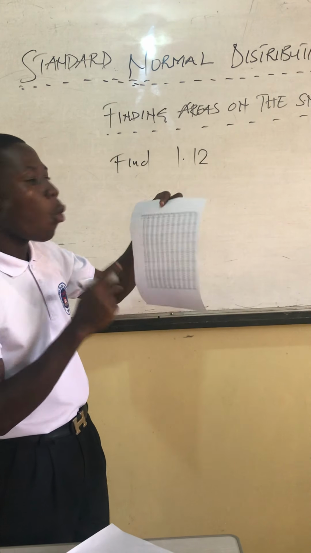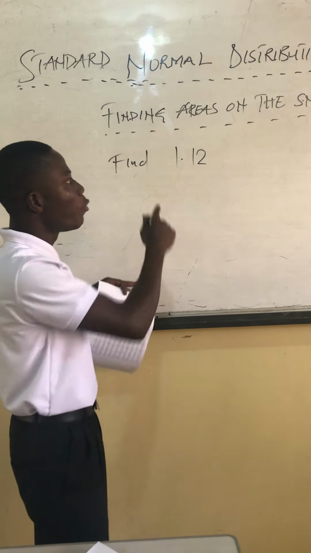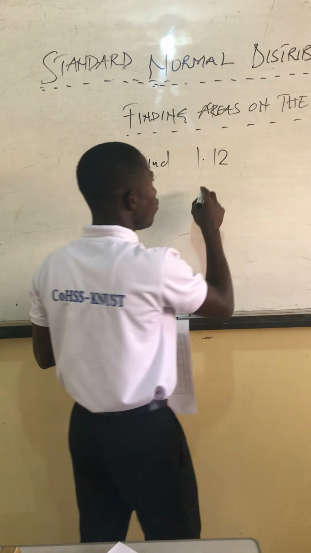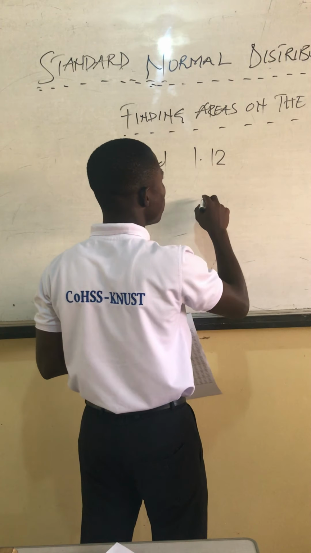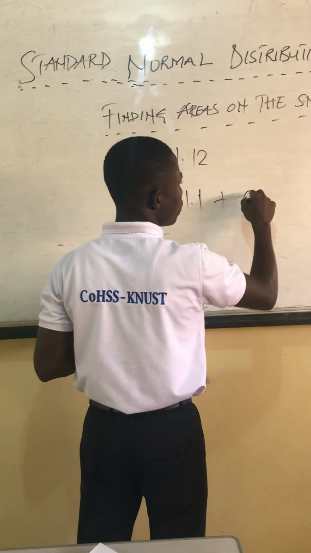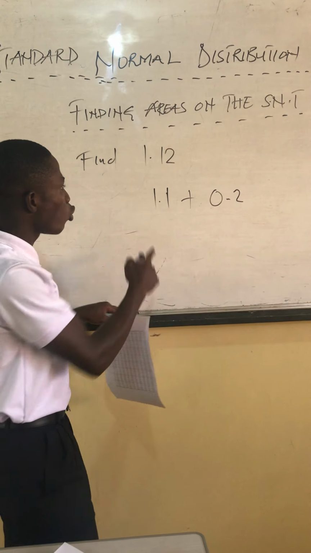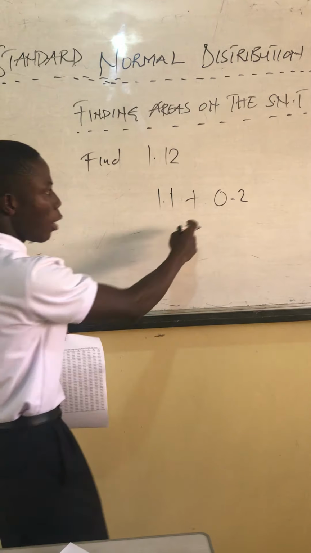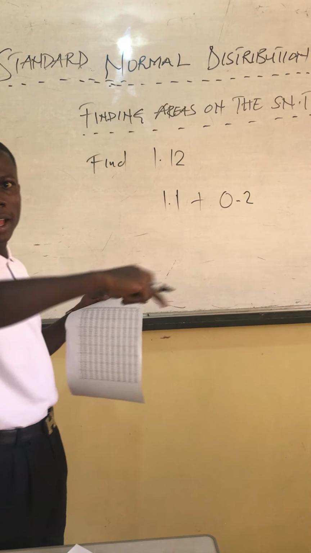So 1.12. To make it easier to find it on the table, you first split it: 1.1 plus 0.2. So 1.1 on your vertical axis and 0.2 on your horizontal axis.